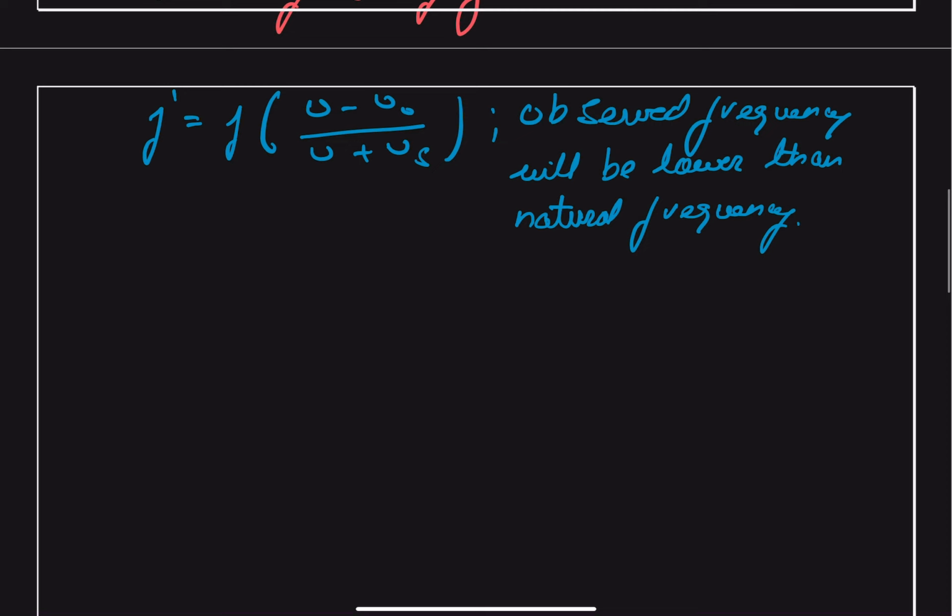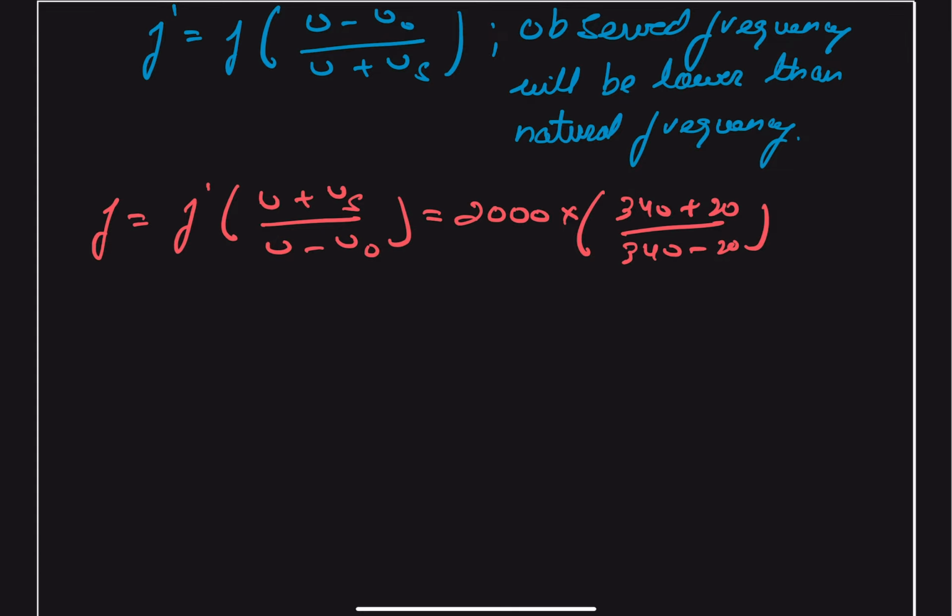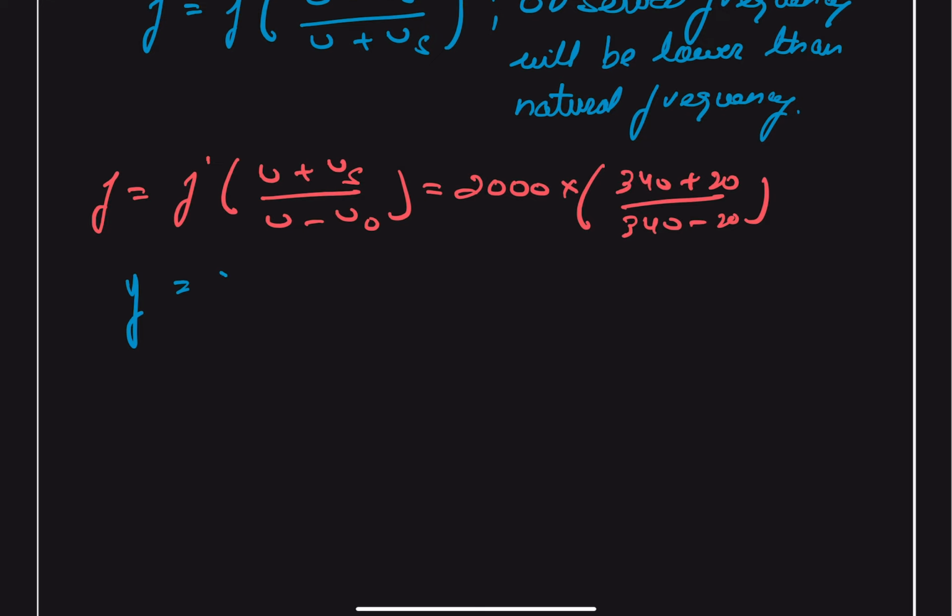We can say our f will be equal to f prime times v plus vs divided by v minus v naught. We substitute the value. F prime is given as 2000, and we have 340 plus 20 divided by 340 minus 20, because they are moving with same velocity. So this gives us that our f will be equal to 2000 multiplied by 360 divided by 320.